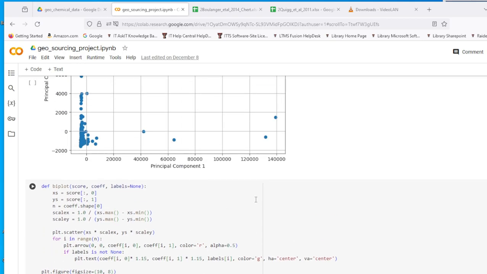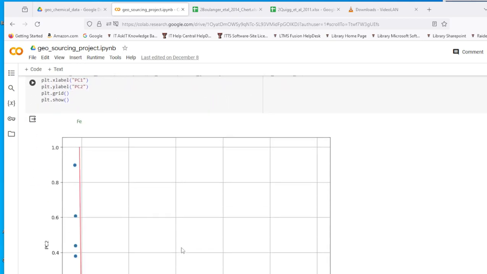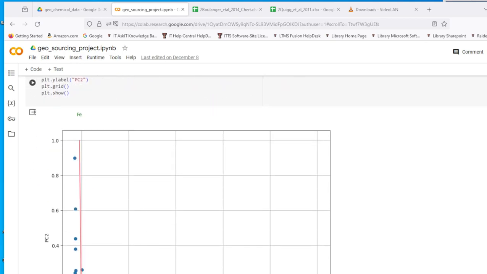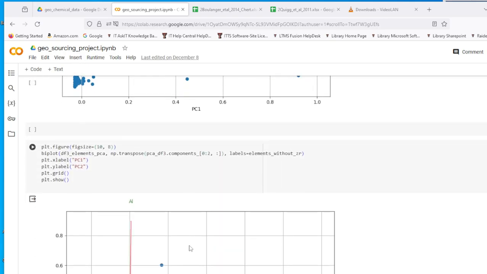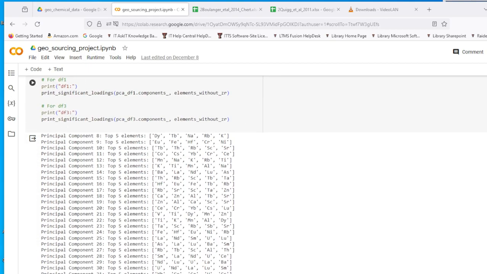Subsequently, we refined it a little bit more so that it would show a clearer pattern of the primary principal components it's picking out. And as you can see, here's iron, calcium, aluminium, barium, potassium, and I'm not sure, I think it's nickel. I continued to try to clean this up.